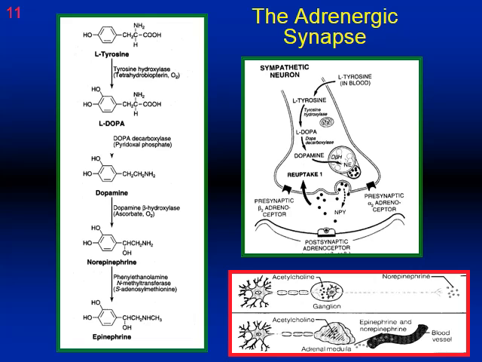Do we see here, if we look at the bottom of that axon terminus, we have exocytosis of a transmitter that diffuses across the cleft and binds to an adrenoceptor. Adrenoceptor is a vague term, right? What does that mean? It means a receptor that binds to a catecholamine, but there are different types of such receptors. There are beta 1s, there are beta 2s, there are alpha 1s, there are alpha 2s, and there's D1s.